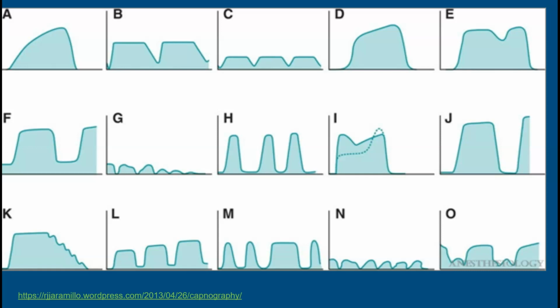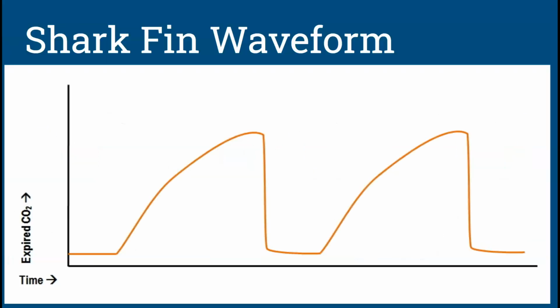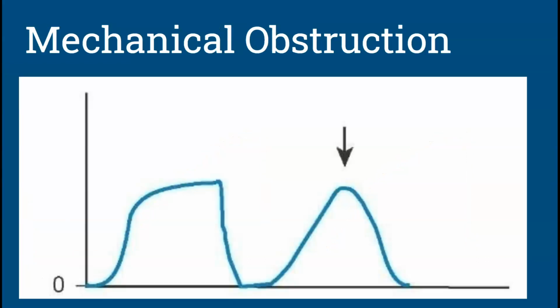They have this awkward looking shark fin. It means that they're not able to exhale appropriately. So instead of having that gradual plateau, you have this very continuous exhale of carbon dioxide because they just cannot get out in the appropriate fashion.